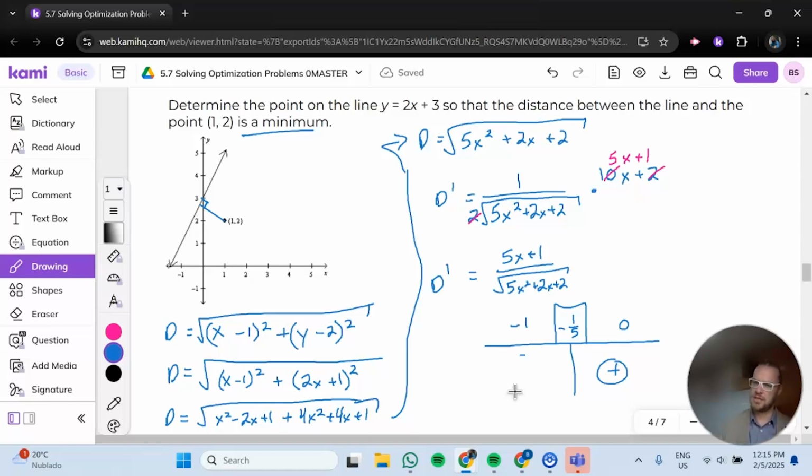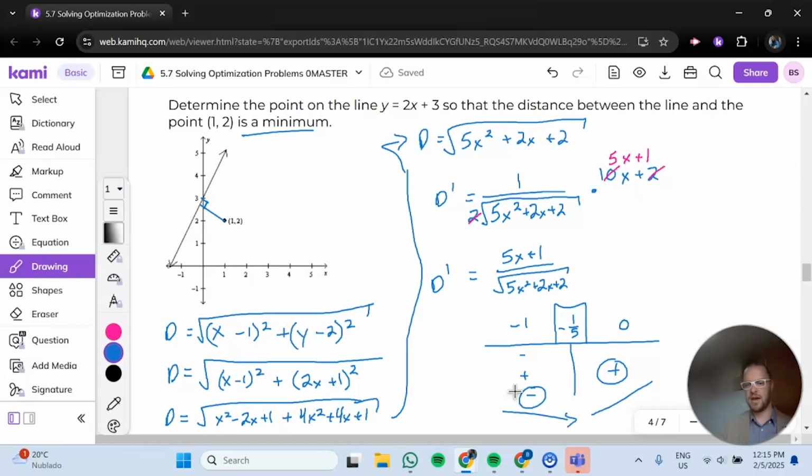If I put in negative 1, I'm going to get a negative on top, divided by, now we kind of know that this needs to be positive, because otherwise it wouldn't work, but we should make sure, because it is possible that it isn't, in which case this point won't be a minimum or maximum. So let's go ahead and check. If we put this in, it's going to be 5 minus 2 plus 2, which is 5. So the square root of 5, which is, of course, positive, and a negative divided by a positive is negative.